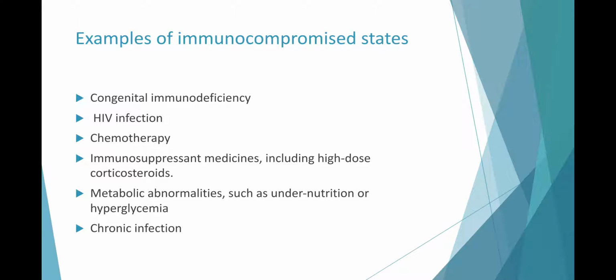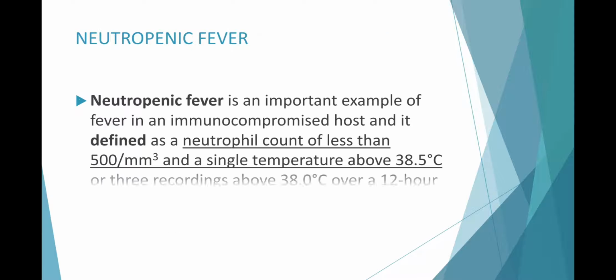Other causes include chemotherapy and cytotoxic drugs, immune suppressant medicines including high-dose corticosteroids, metabolic abnormalities such as undernutrition or hyperglycemia in cases of diabetes mellitus, and chronic infection like tuberculosis. Some acute and chronic viral infections can also produce immunodeficiency.